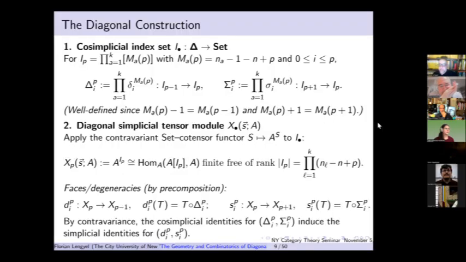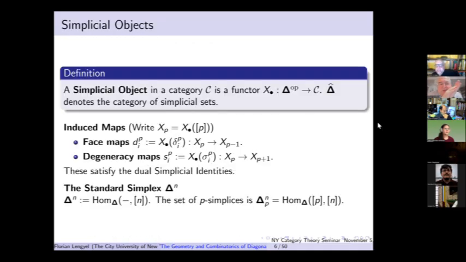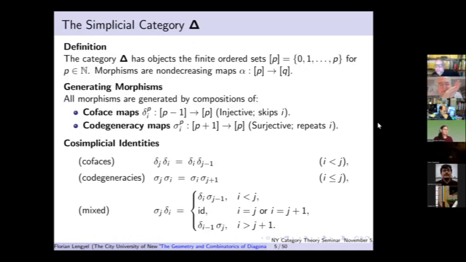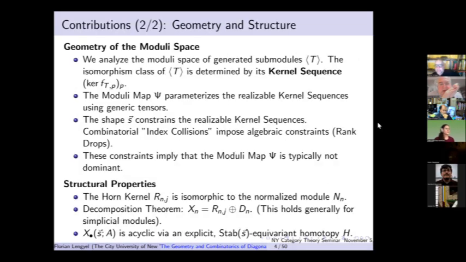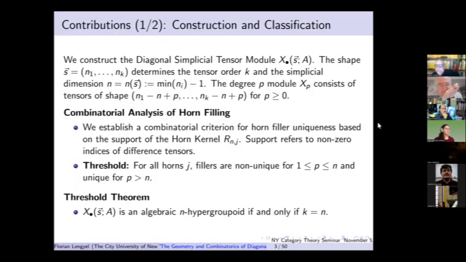Arrays of numbers. Hypermatrices are higher dimensional numbers, multi-dimensional arrays of numbers. That's what we're dealing with.